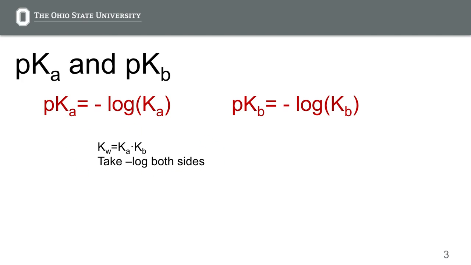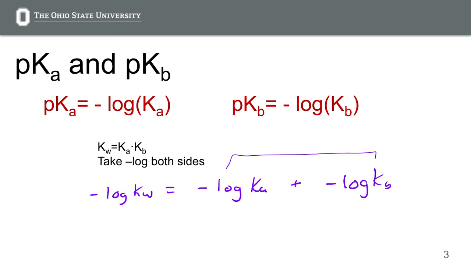If we have Kw equals Ka times Kb, and we take minus the log of both sides, we'll have minus the log of Kw equals minus the log of Ka plus minus the log of Kb. This part comes from the rule for logs: if you multiply things together, it's the same as taking minus the log of the individual things and adding them.